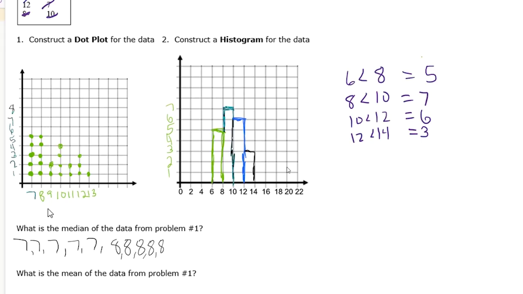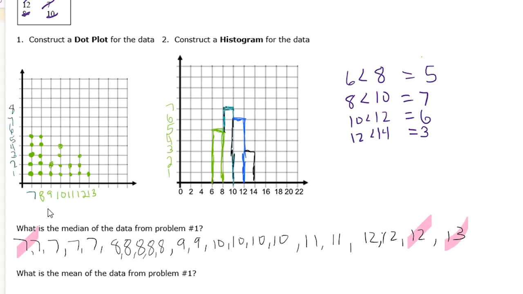Okay, putting some commas in there. 2 9s, 4 10s, 2 11s, 3 12s, and 1 13.